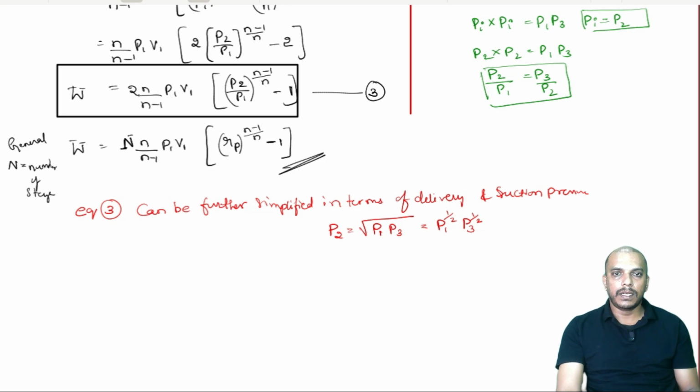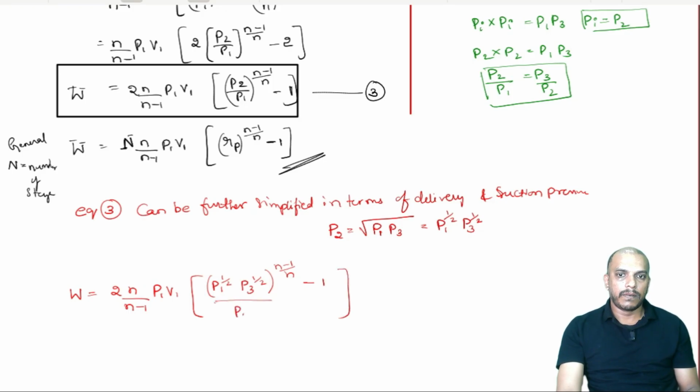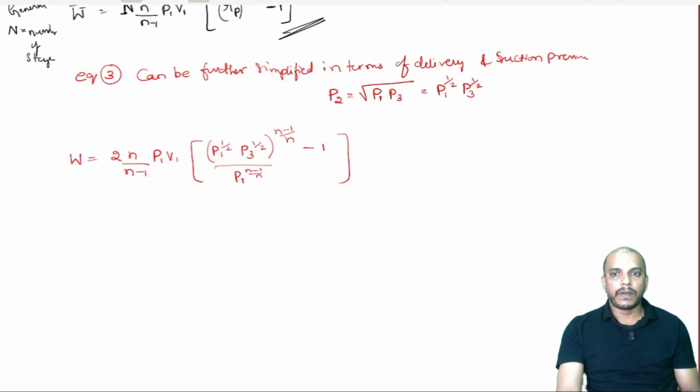So, now let us write this equation 3 again. Work transfer can be written as 2n by n minus 1, P1 V1. Now, this can be further written as P2 written as P1 power half, P3 power half, whole power (n minus 1) by n, minus 1, divided by P1 power (n minus 1) by n. Okay, now let us simplify it.